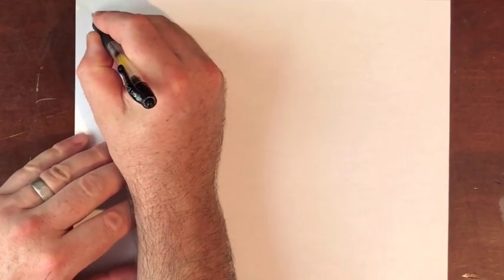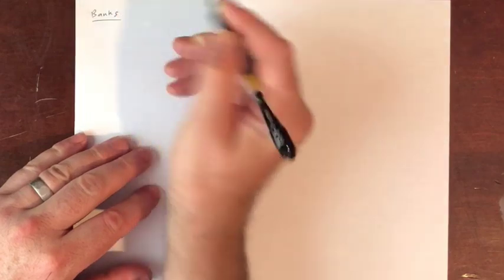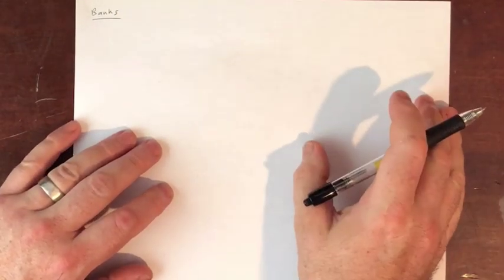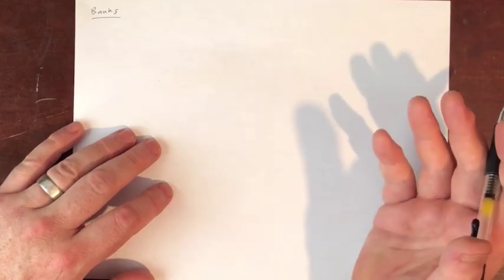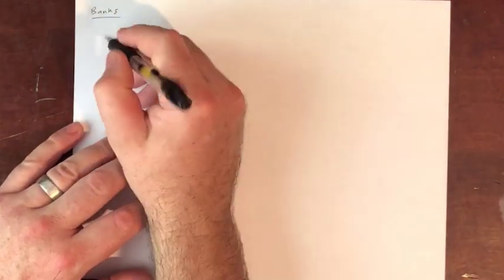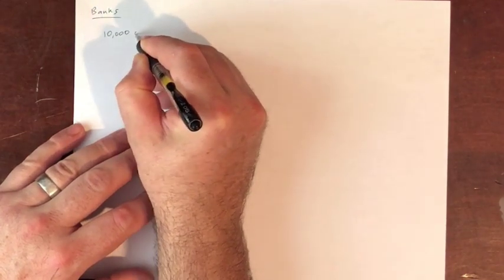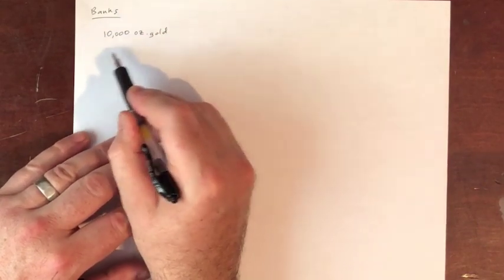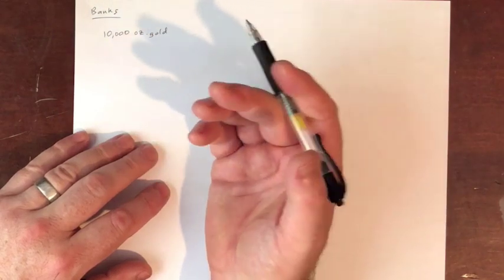Okay, so these first banks have this issue. What they essentially are doing is they have a set of wealth. Let's imagine it's like this. They have 10,000 ounces of gold, and this is what has been deposited in their trust.